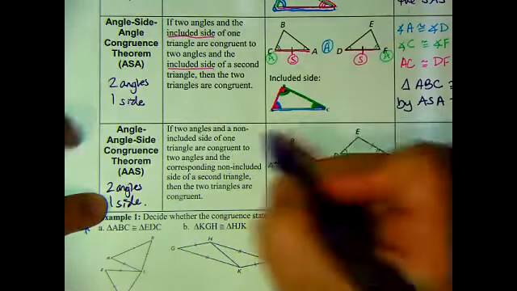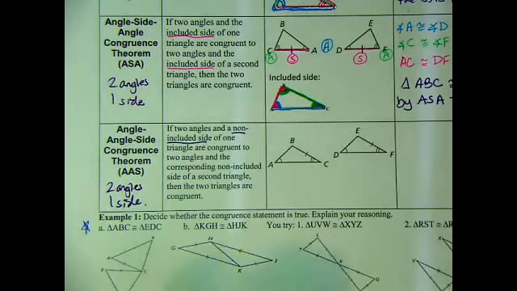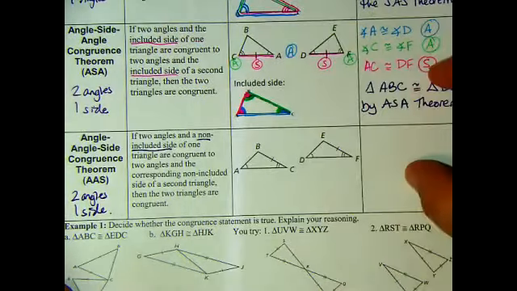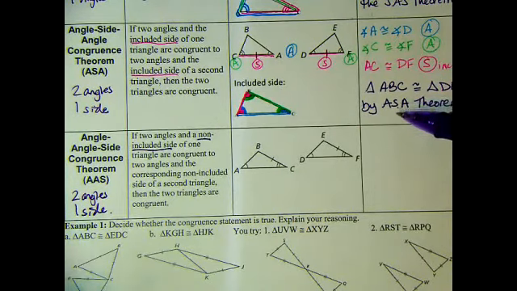Non-included side. So if you have two angles and a side, you just need to figure out, is the side included or is it not? If it's included, then it's angle side angle, ASA. If it's not included, then it's angle angle side, AAS.